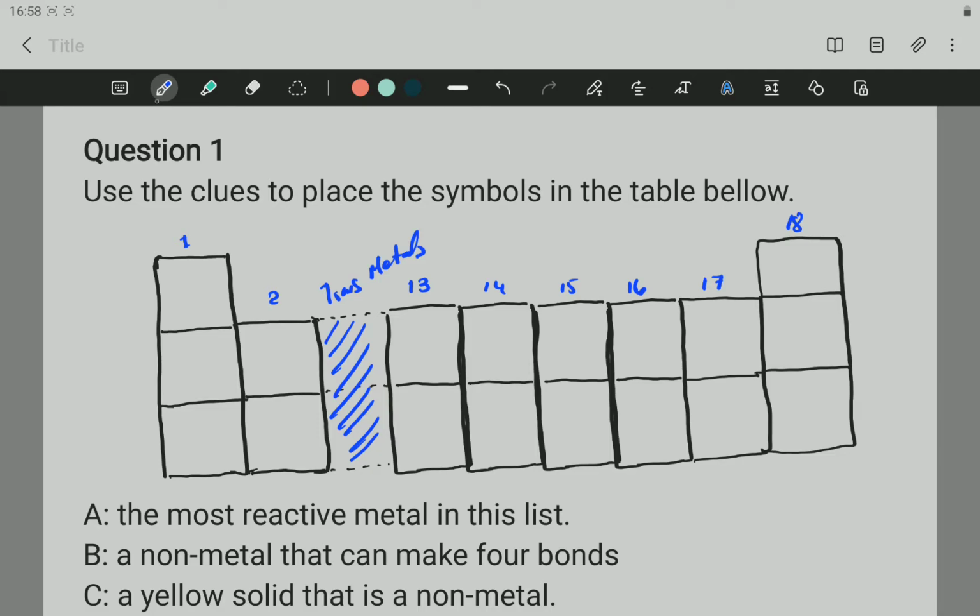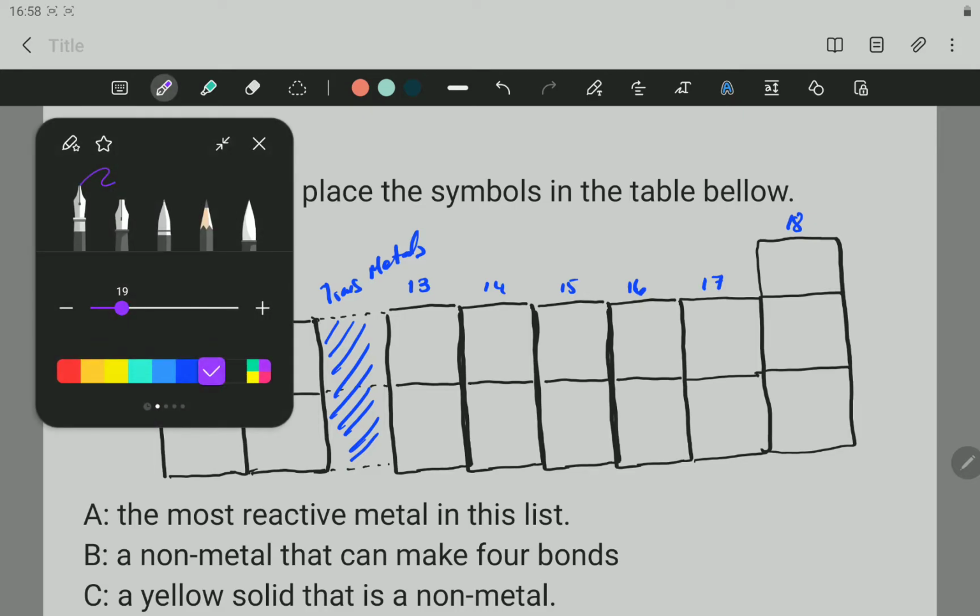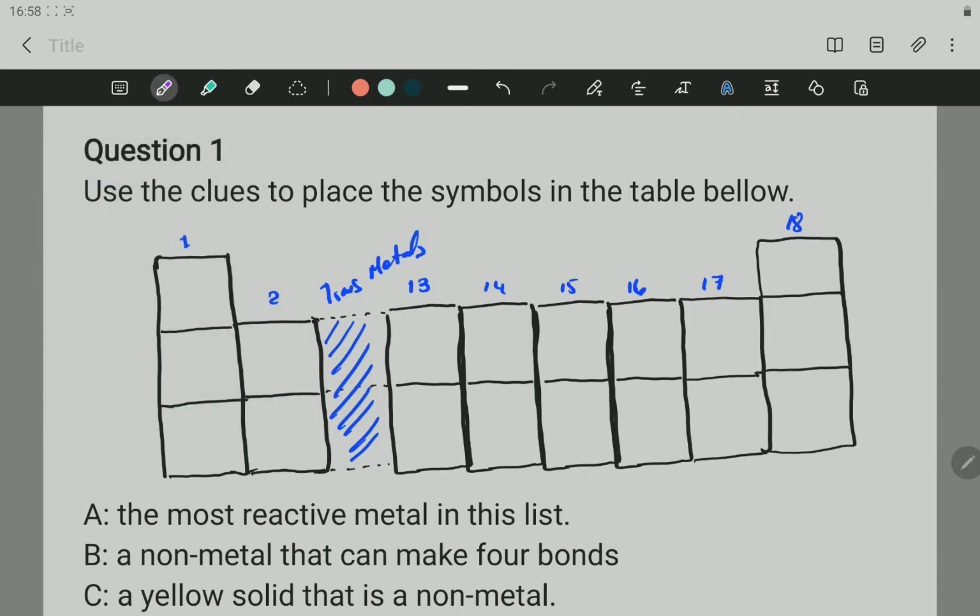And in Roman numbers, we're going to write it because later we are going to need it. This will be group I, group II, group III, group IV, group V, group VI, group VII, and group VIII.